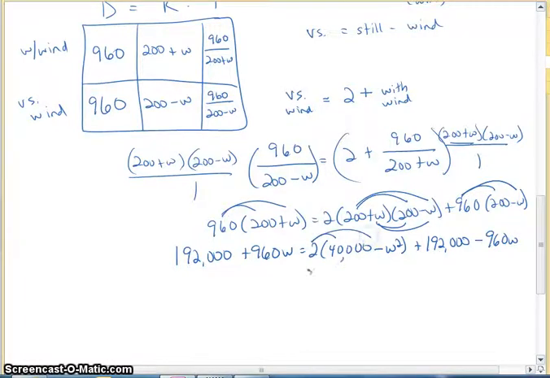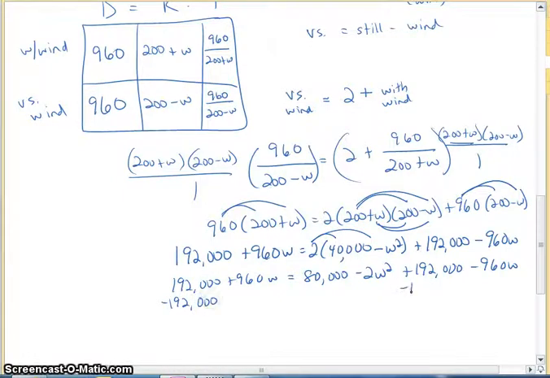Keep distributing. Now I'm going to combine like terms and get it equal to 0. So I'm going to subtract 192,000. So those are gone.